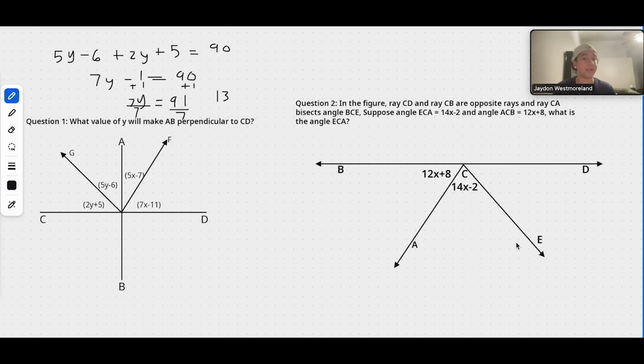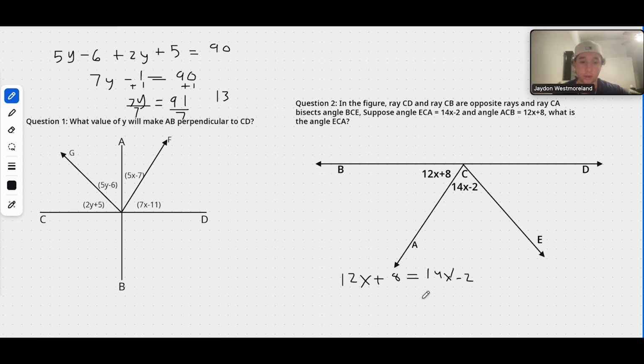Well, we know that bisecting means cutting in half, which means this angle is equal to this angle, and then I can use that to solve. So I'm going to set these equal to each other. 12x plus 8 equals 14x minus 2. And I'm just going to solve for x.